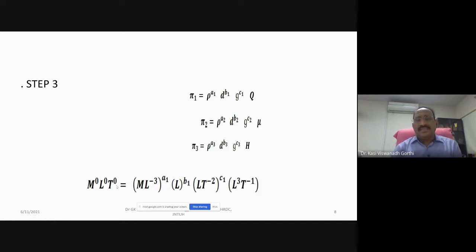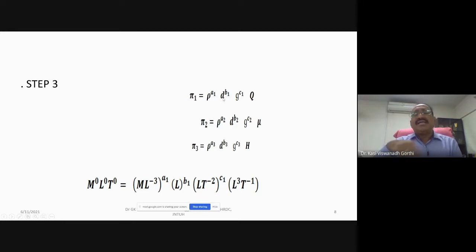It is equal to rho to the power A1. Rho is mass density, mass by volume, M by L cube, or M L to the power minus 3, raised to the power A1. Next, d to the power B1. What is d?